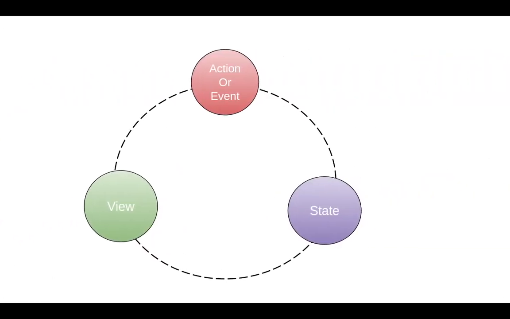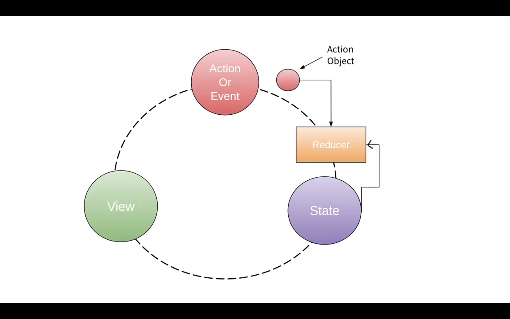So let's see what happens when you use Redux. In Redux, there is a function called reducer. This reducer function takes 2 arguments. First is the state itself, and the second is the action object. The action object can have a type of action like increment and any data that wants to modify the state.